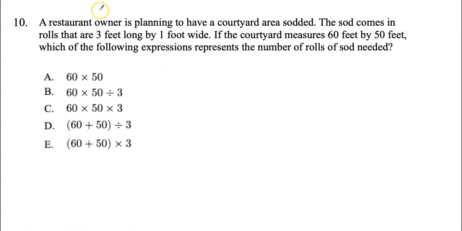But let's draw a picture here, and first, again, look at your answer choices to see if there's any you can eliminate. I don't see any off the bat that we can eliminate at this point, so I'm just going to move forward and draw a picture. It said the sod comes in rolls that are 3 feet by 1 foot.